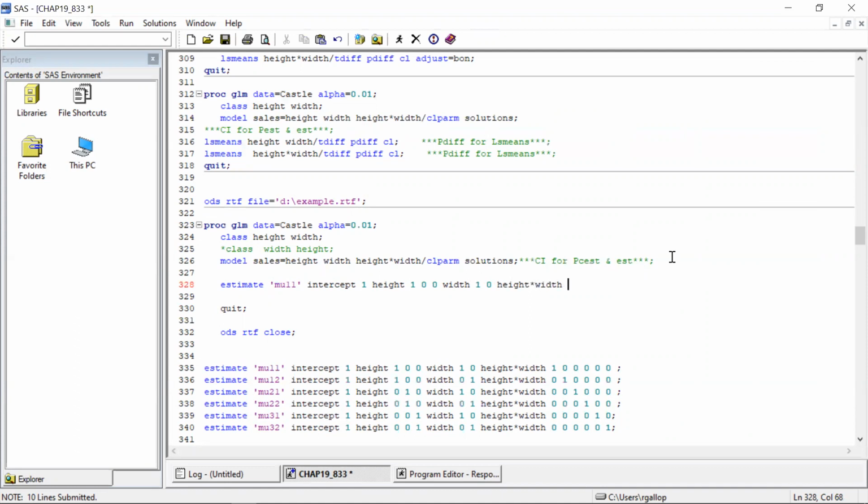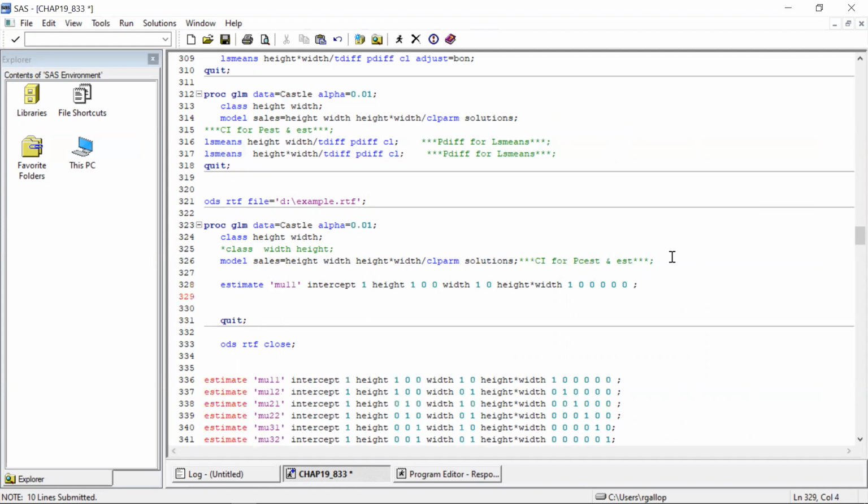So again, remember, we have the width iterating within the height. So the first one's height 1, width 1. Height 1, width 2. Height 2, width 1. Height 2, width 2. Height 3, width 1. Height 3, width 2. That's the first cell. Again, we're going to do all these manually.